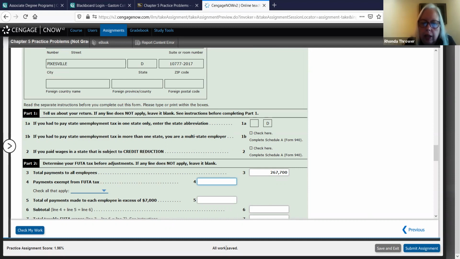And so in line 4, we're going to look at the wages that were not subject to FUTA. 183,700, and the wages that were subject to FUTA were 84,000.